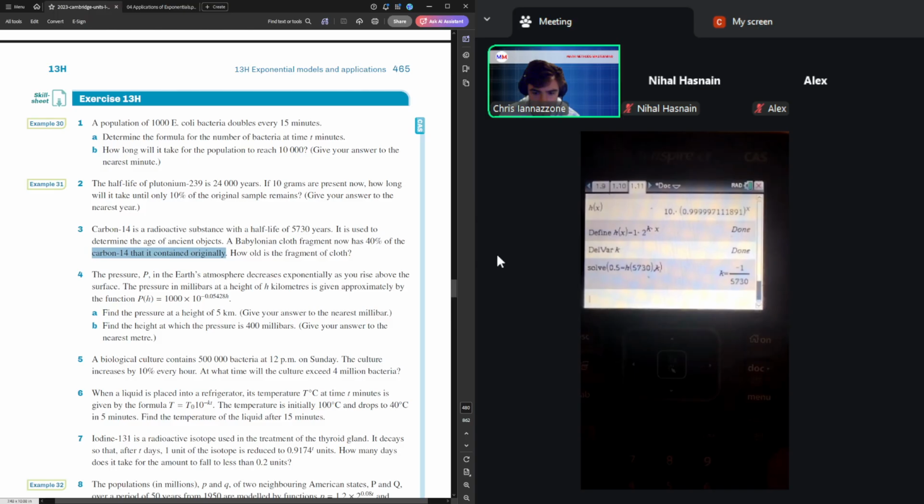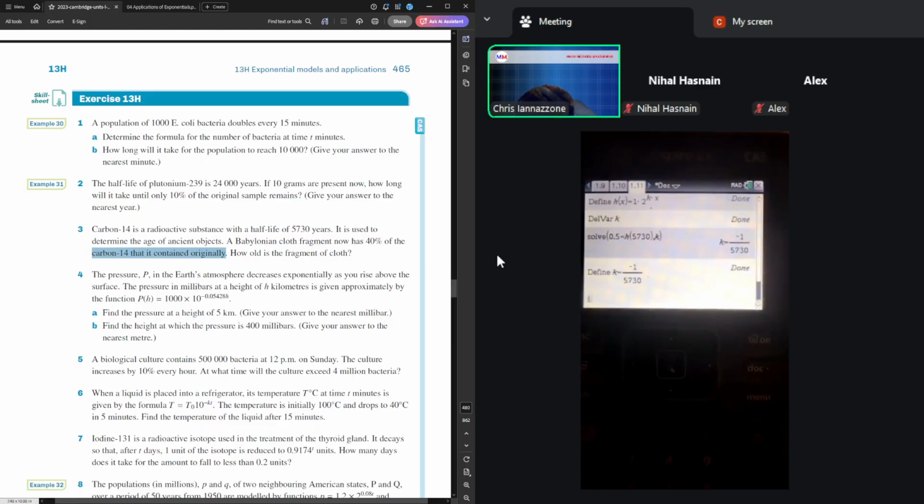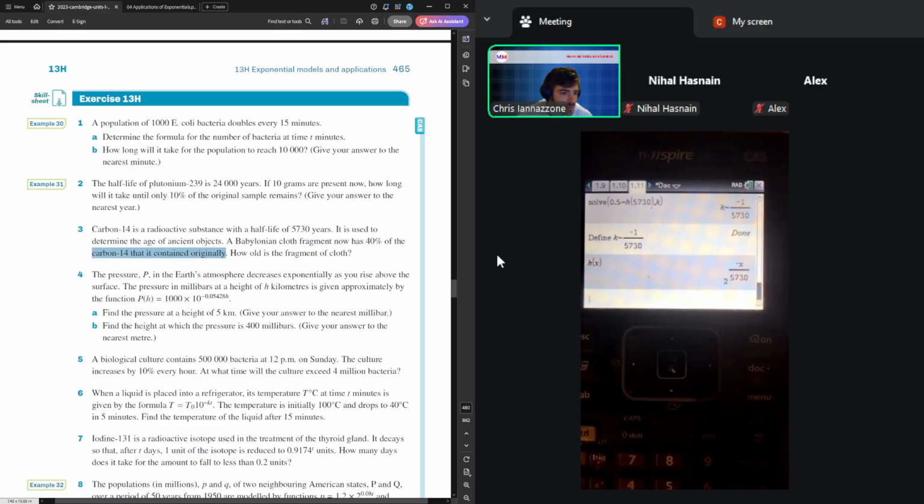So again, one of the benefits of choosing our base value appropriately. Yep, we have our K. Once again, define it so it fits into the function. We now have that with some whatever N0. We're just going to leave the N0 as 1 to just say it's the whole amount, whatever it was.